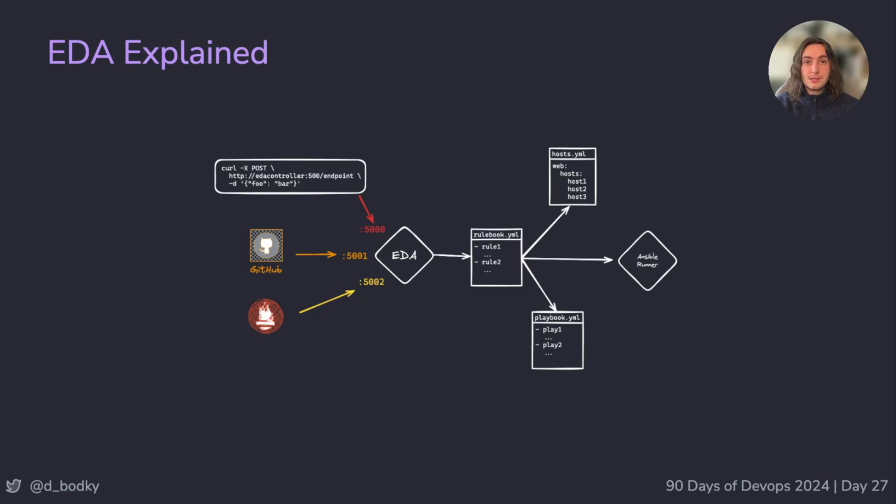It could also receive alerts from Prometheus and Alert Manager, or things like your CI/CD pipelines that might trigger additional events. It then takes those received events and their data and parses them using the rulebook, evaluates if actions need to be taken, and if so, it will use the locally available playbooks and inventory files to trigger Ansible runs using another component of the system called the Ansible runner.